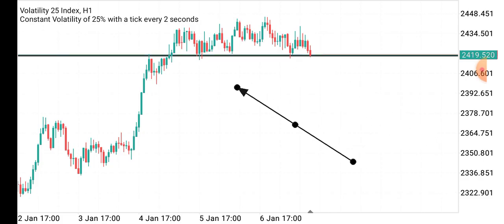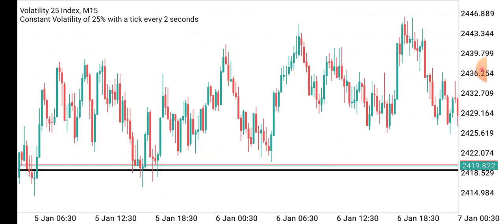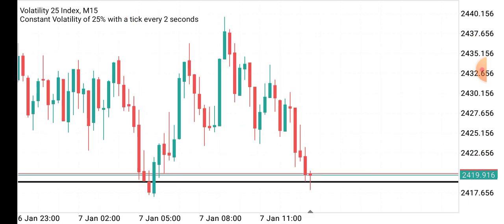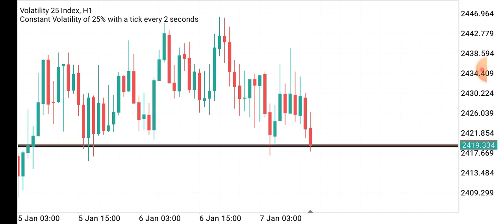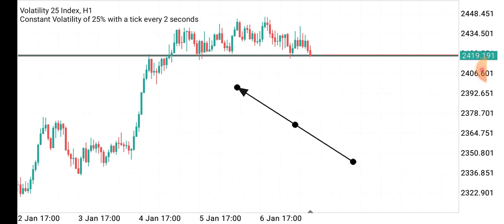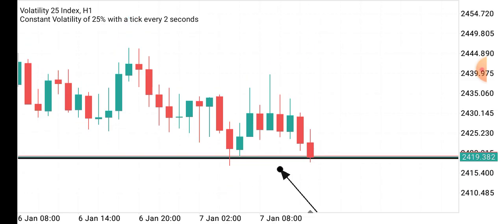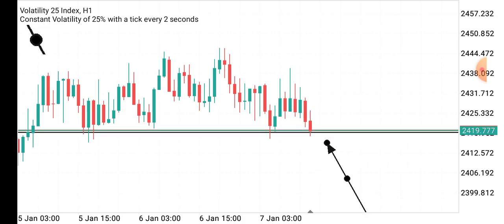If you go to the 5 minutes time frame, the chart might be so messy and you'll be confused about what to do. But like I said, on the 1 hourly time frame, there must be a break and close below this horizontal line before you think of finding an opportunity to enter a sell trade.